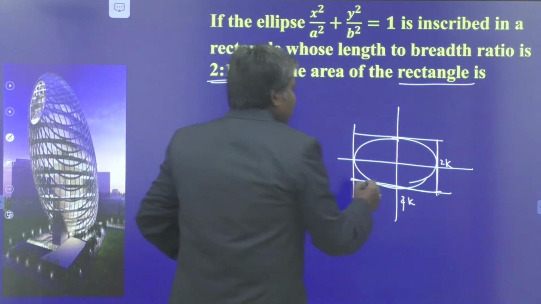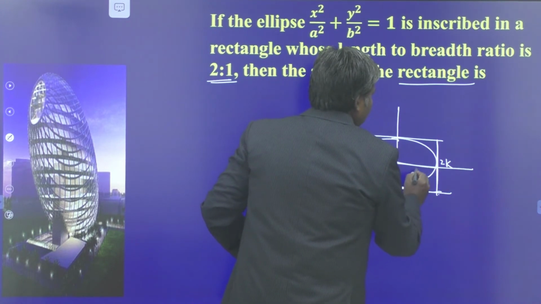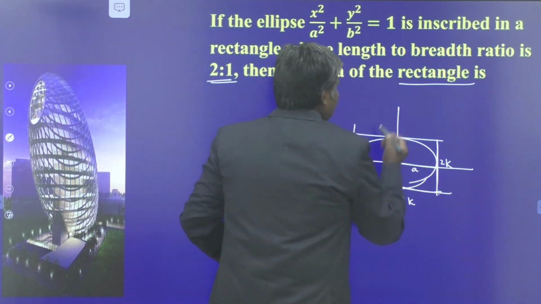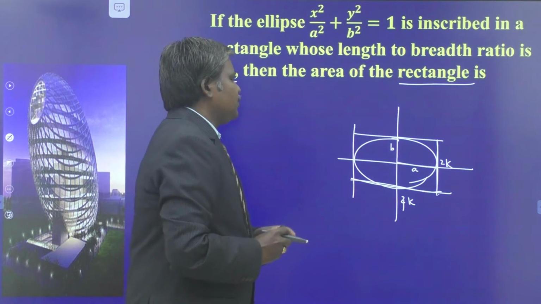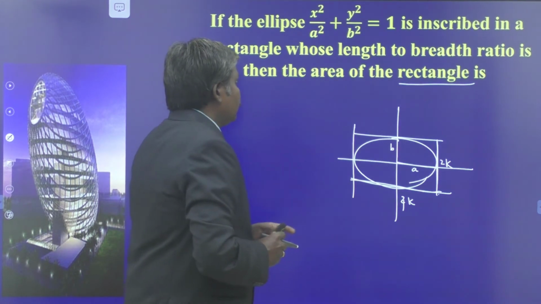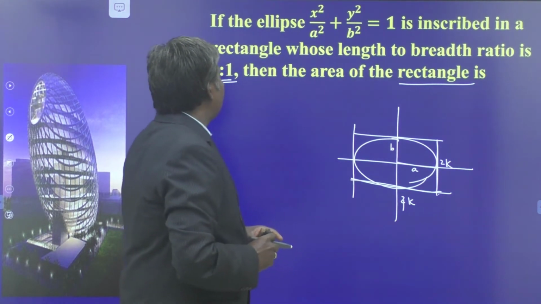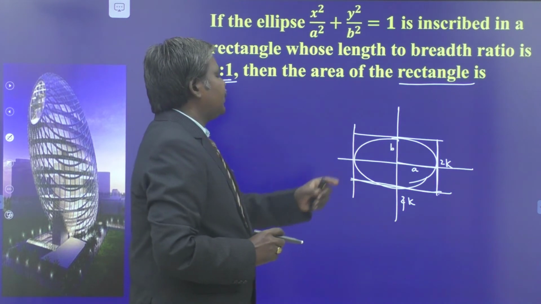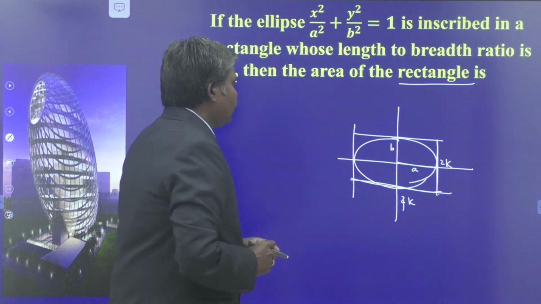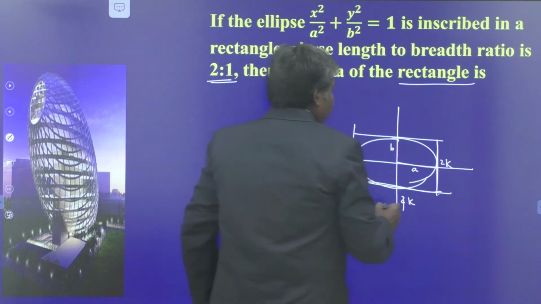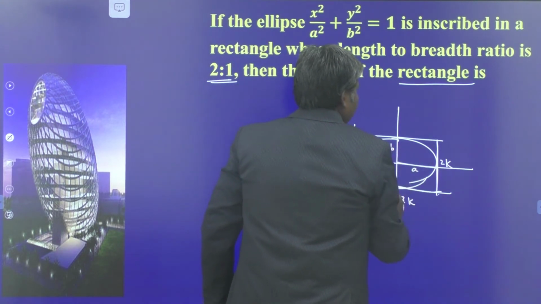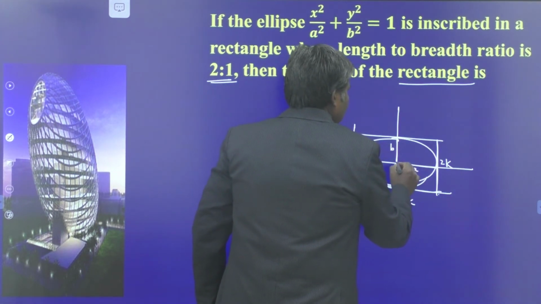Now, the distance from here to here is a units. The distance from here to here is b units, from the ellipse equation itself. So we have to find out the area of that rectangle. How to do this one? This is b, this is a.